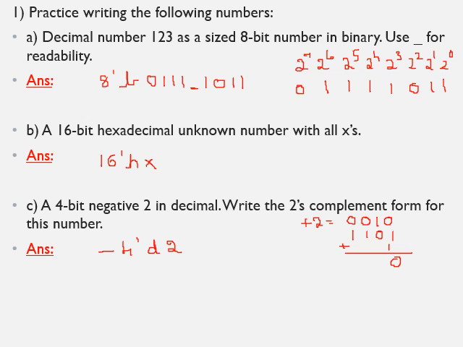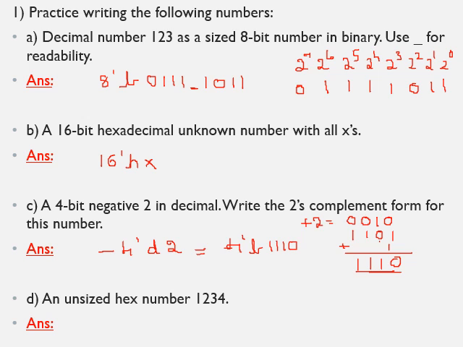So 1 plus 1 is 0, 0 plus 1 is 1, 1, 1. So this is the 2's complement of 2. It will be written as 4 tick B, 2's complement in binary is 1 1 1 0.